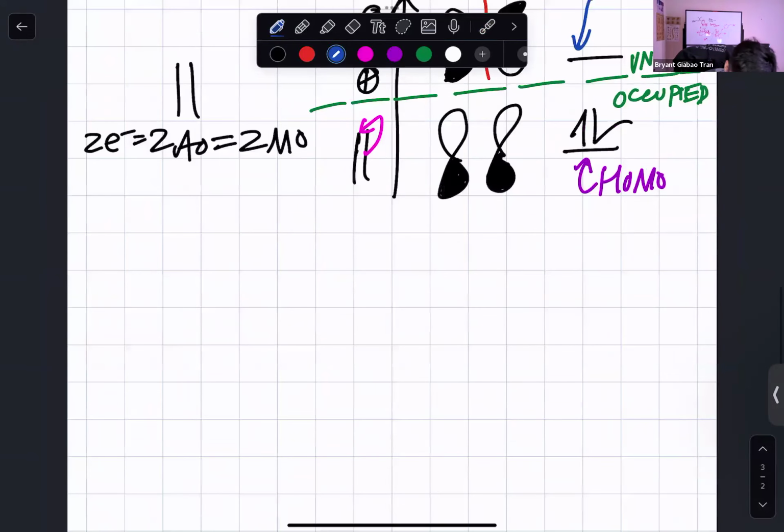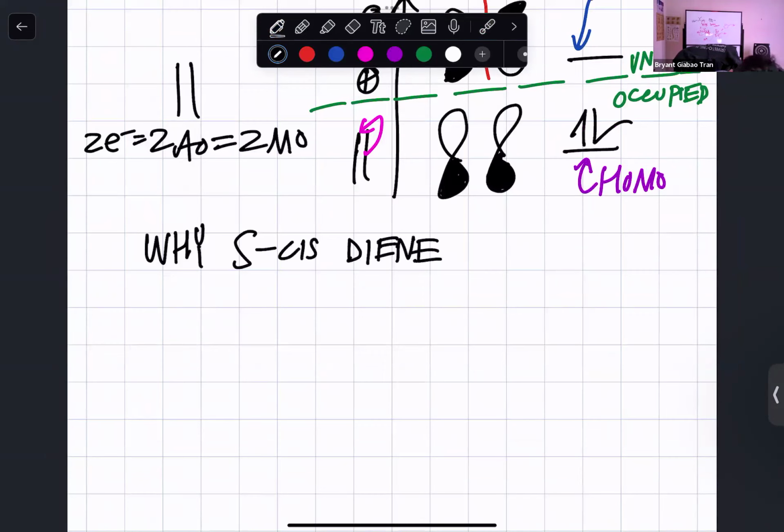Okay, so now let's explain why the S-cis diene is required for Diels-Alder reaction.